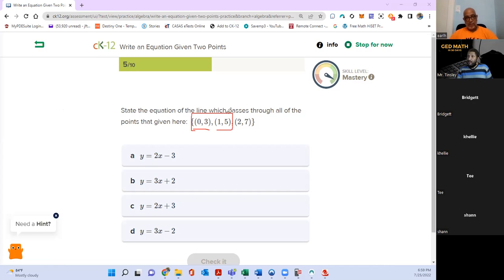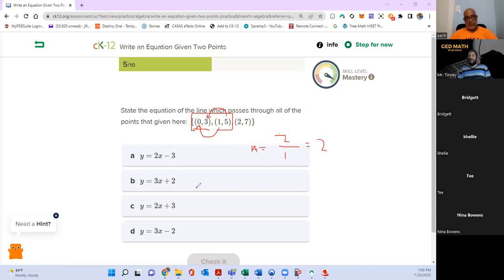Watch this. 5 minus 3 is 2, right? 1 minus 0 is what? 1 minus 0. Stop playing. 1 minus 0, 1. So 2 over 1 reduces to 2. So I know my slope is 2.